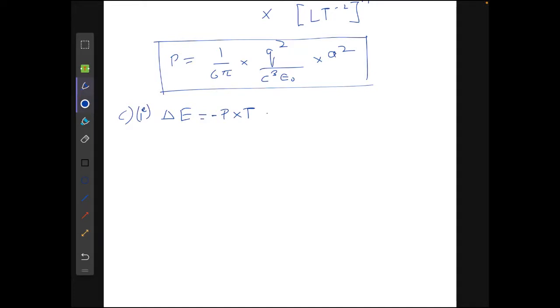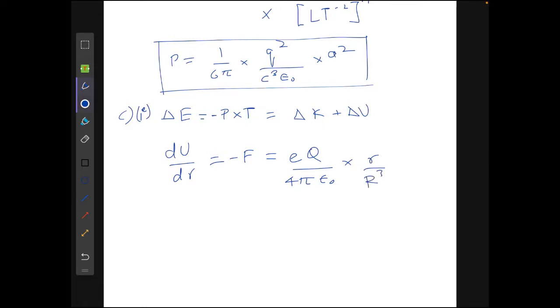We can also write this as the change in total energy, which is delta K plus delta U. Now dU by dr can also be written as minus F, which is equal to eQ over 4 pi epsilon naught times r over R cube. This is applicable when small r is less than capital R.